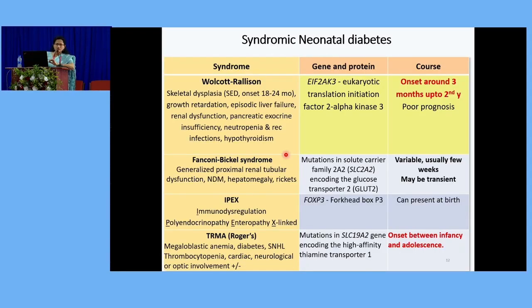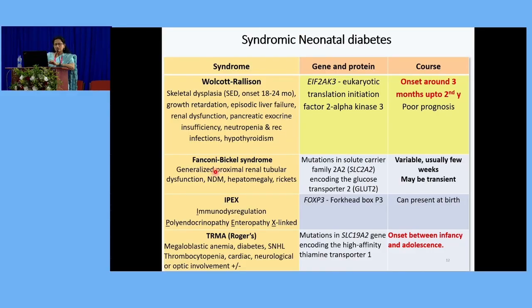So important causes of syndromic neonatal diabetes: Wolcott-Rallison syndrome, which is caused by IF2AK3 gene defect. What are the syndromic presentations? It has skeletal dysplasia, but remember that it presents later, around 18 to 20 months, whereas diabetes onset is around 3 months. So you don't have to wait for these syndromic features to appear. Episodic liver failure is an important problem with this, and in fact it is the leading cause of morbidity and mortality in these patients.